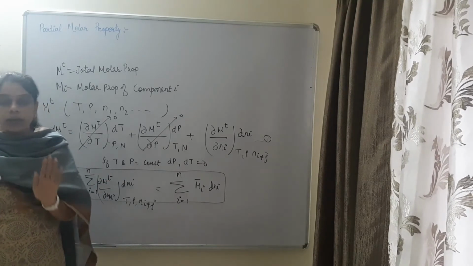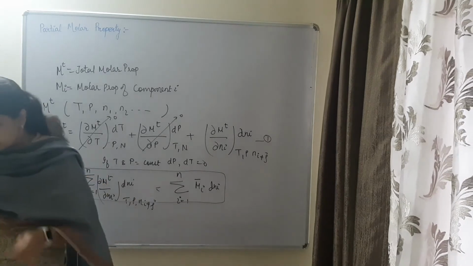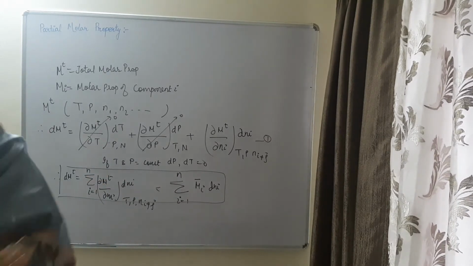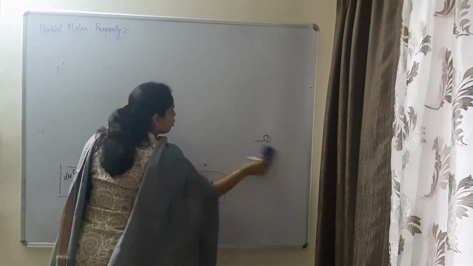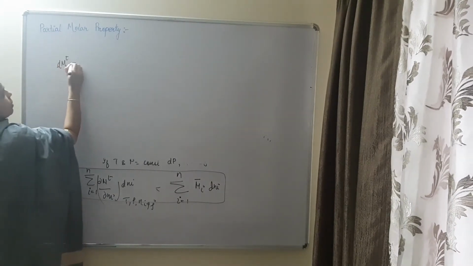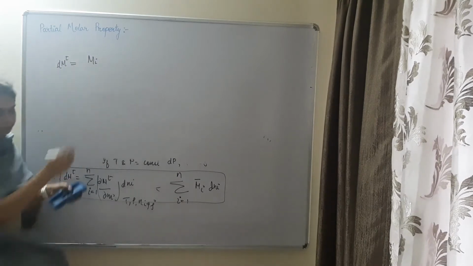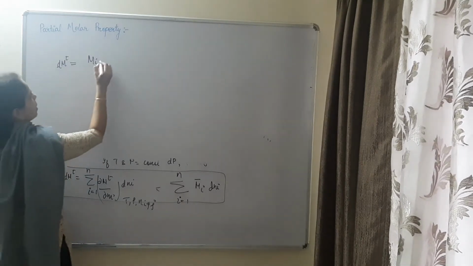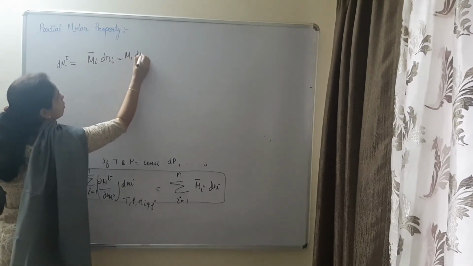It remains the same, unchanged. In this case, the change in property you can write as Mt equals the summation of Mi bar dni, or you can write M1 dn1 plus, if there is a binary solution, M2 dn2, in terms of M1, M2.